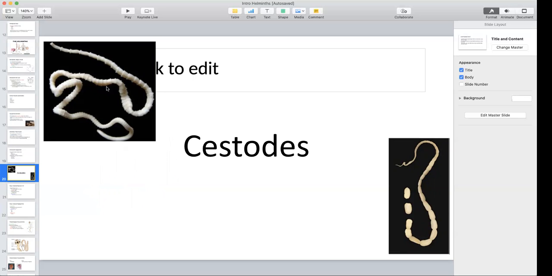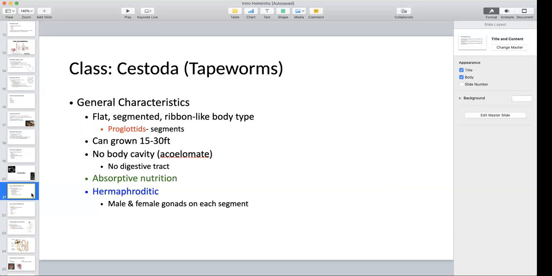You see these different segments, proglottids. This is also another example of these segmented worms. We refer to those segments as proglottids. Go ahead and write that term down, proglottids.